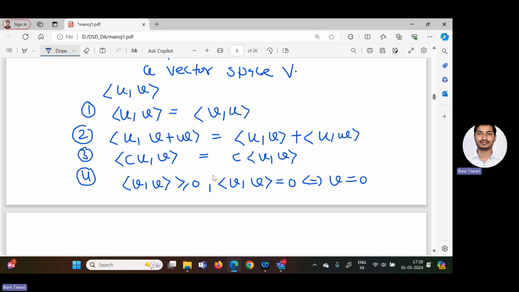So if any space satisfies these properties, we can call it an inner product space.